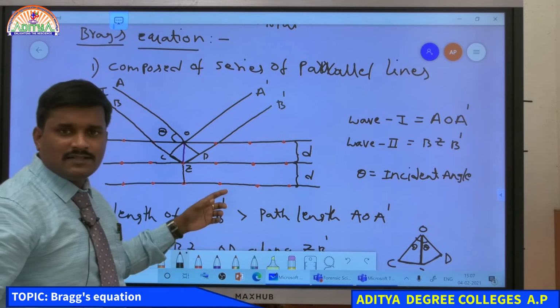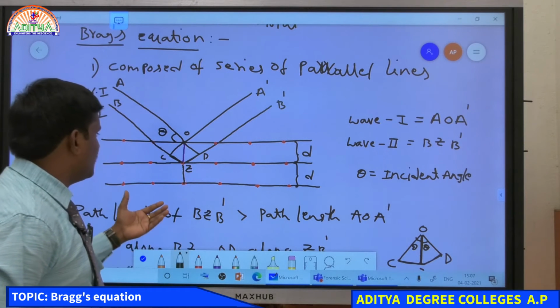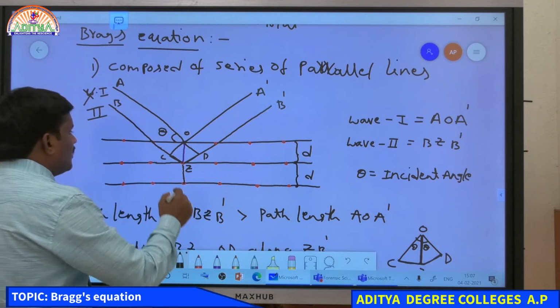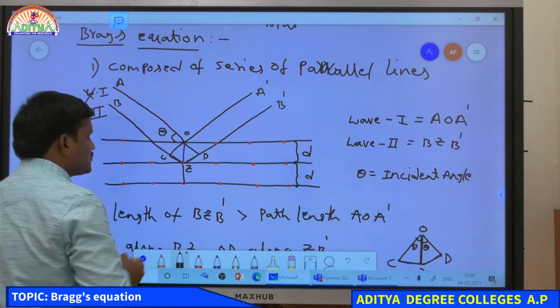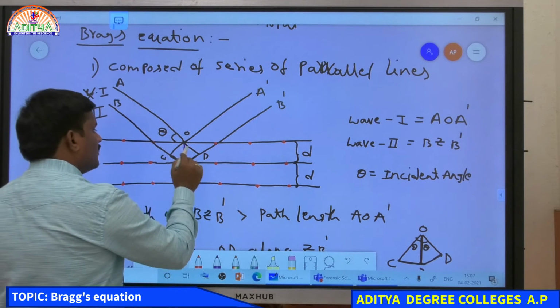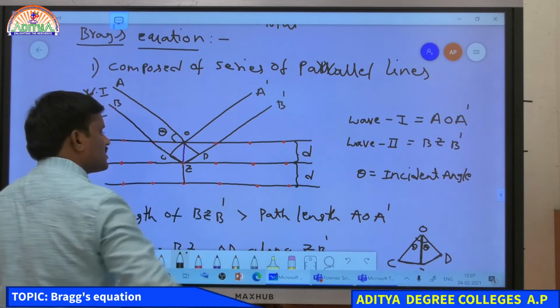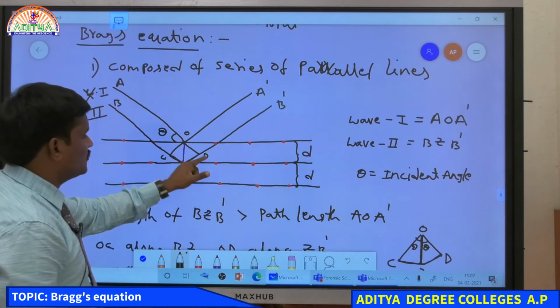Therefore, there is a path difference. The path difference between these two layers is determined by drawing perpendiculars OC and OD. So here OC is drawn along BZ and OD is drawn along ZB dash. Therefore, there are the two perpendiculars OC as well as OD.